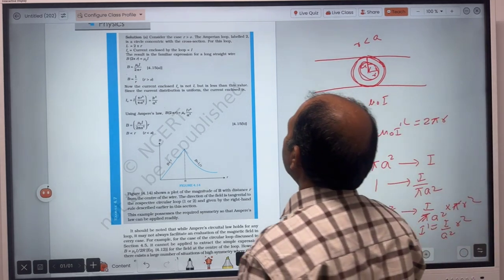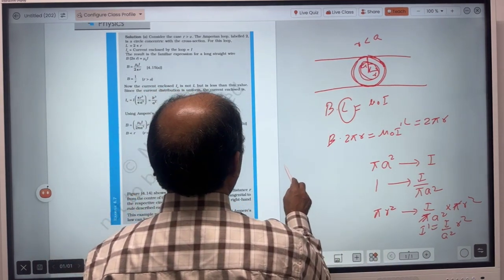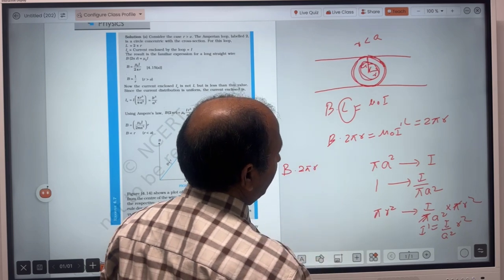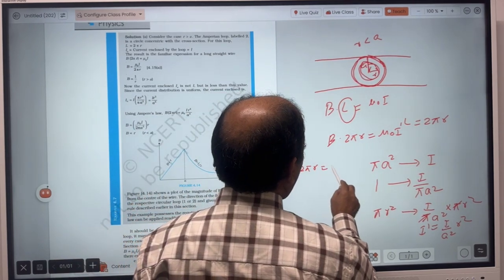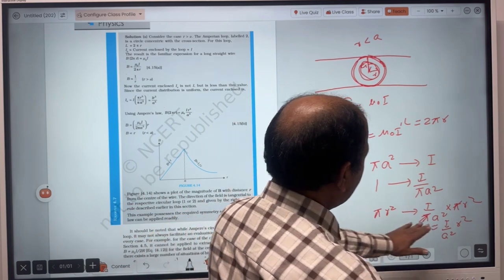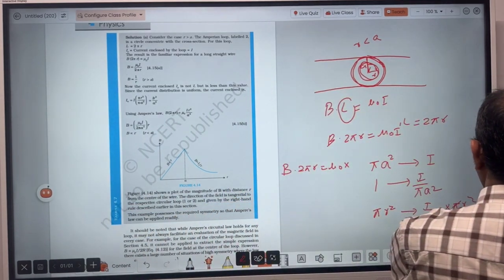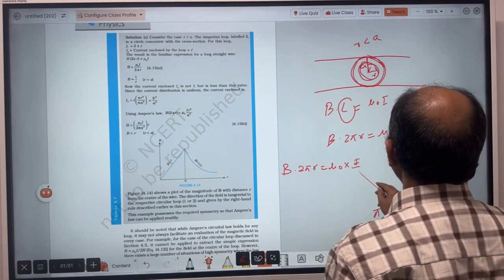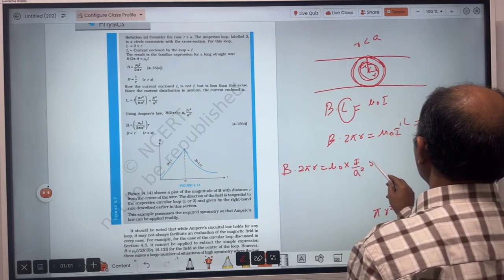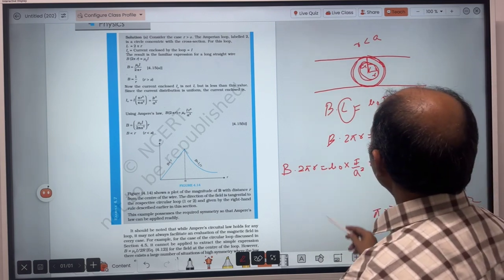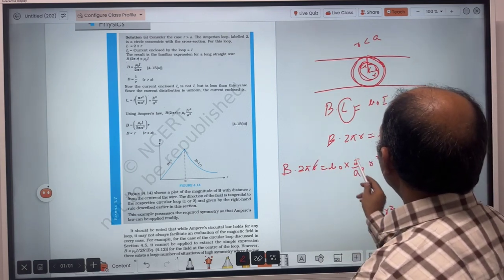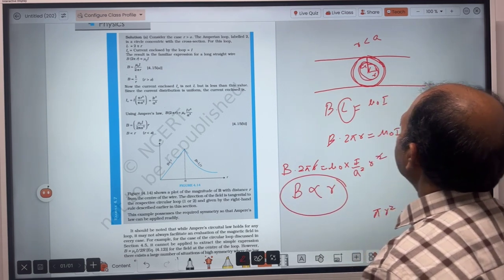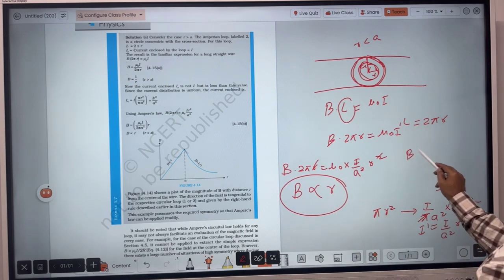So here we will write B into 2 pi r equal to mu naught times this value, I upon a square into r square. So here one r will cancel out and the other things are constants. So we can say B is proportional to r. So inside we have got B proportional to r.